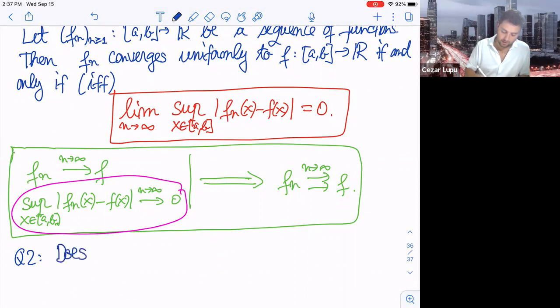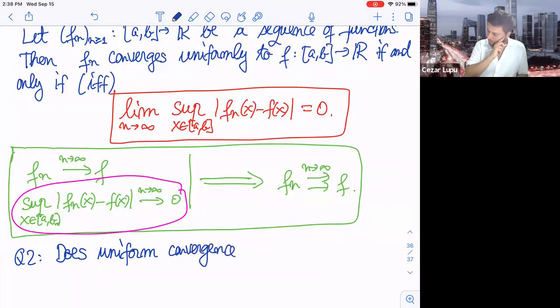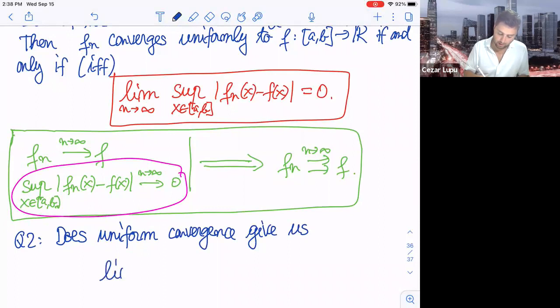Does uniform convergence give us that the limit of the integral is the integral of the limit?